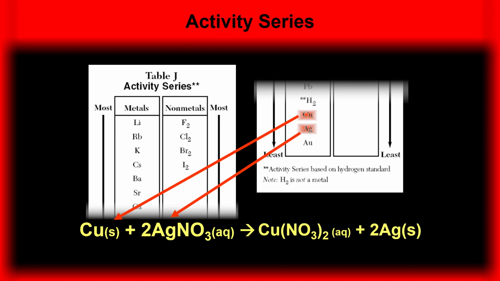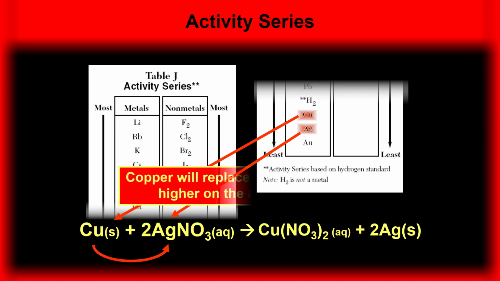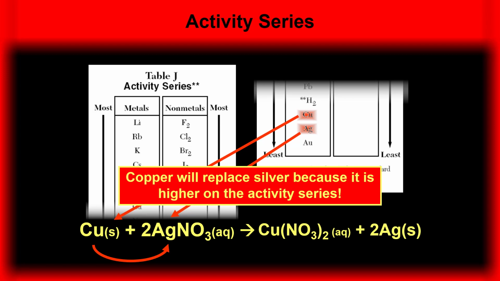And because copper is higher, it's going to kick it out. You can think of, sometimes they make the analogy that the nitrate ion is with a partner with silver, but that copper looks better. And so when copper comes along, they want to have copper as their partner and they kick silver out.